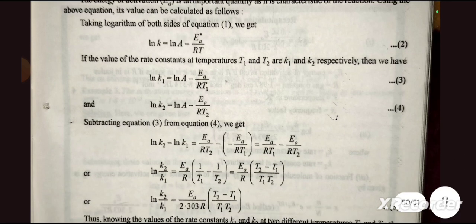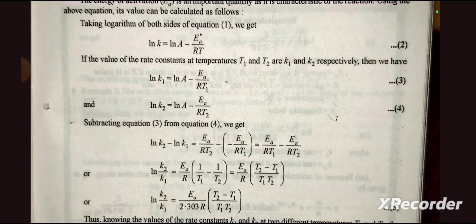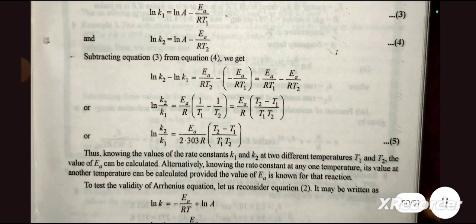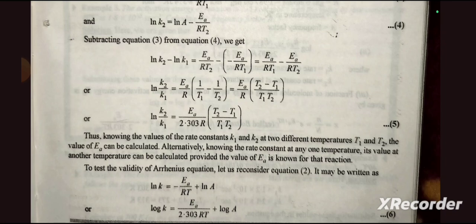If the values of the rate constant at temperatures T1 and T2 are k1 and k2 respectively, then we have ln k1 is equal to ln A minus Ea divided by RT1, equation 3, and ln k2 is equal to ln A minus Ea divided by RT2, equation 4. Subtracting equation 3 from equation 4, we get ln k2 minus ln k1 is equal to Ea divided by RT1 minus Ea divided by RT2.